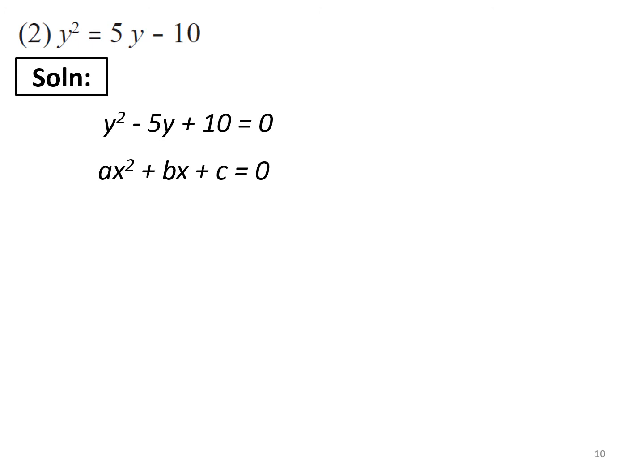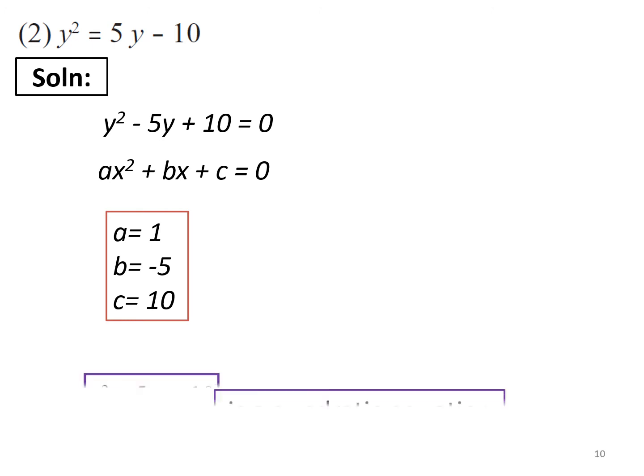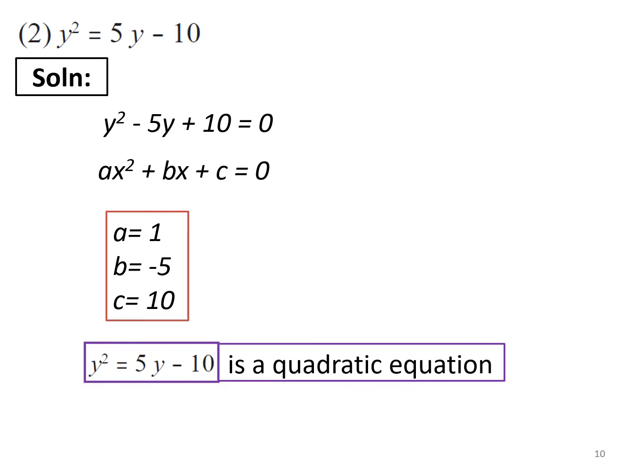On comparing it with ax square plus bx plus c, the values of a, b and c are 1, minus 5 and 10 respectively. They are in the form of the general equation, and therefore I can say y square is equal to 5y minus 10 is a quadratic equation.